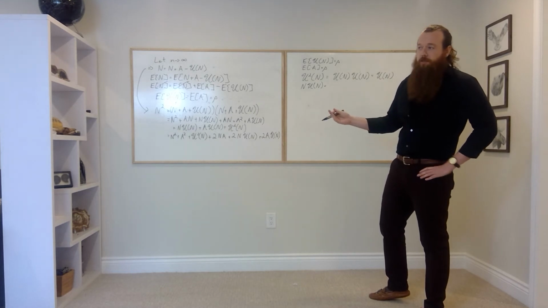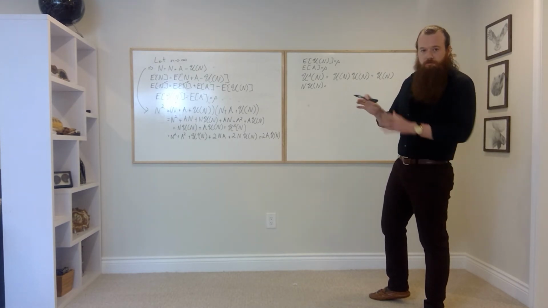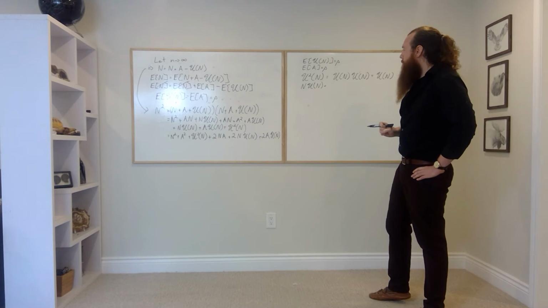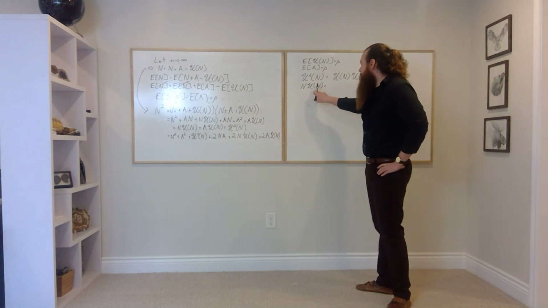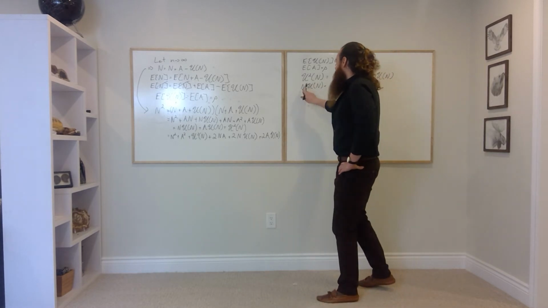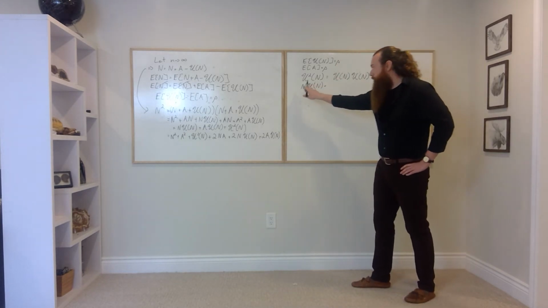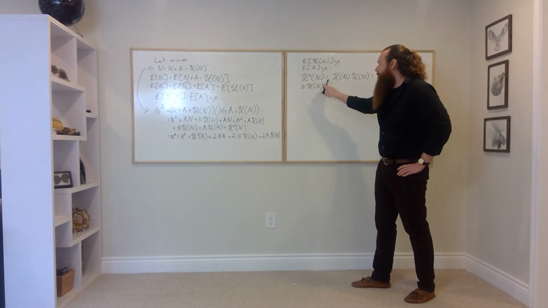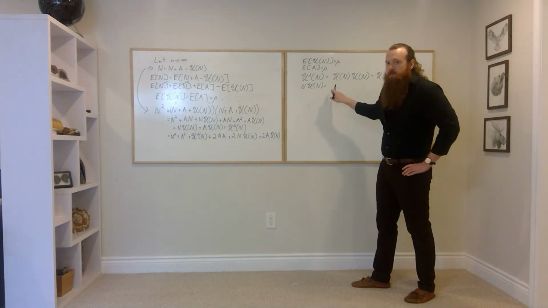If they're independent from each other, then the expectations just separate out. But if they're dependent on each other, like this, clearly this term is dependent on n. So we can't just say the expected value of n times u at n equals the expected value of n times the expected value of u at n.